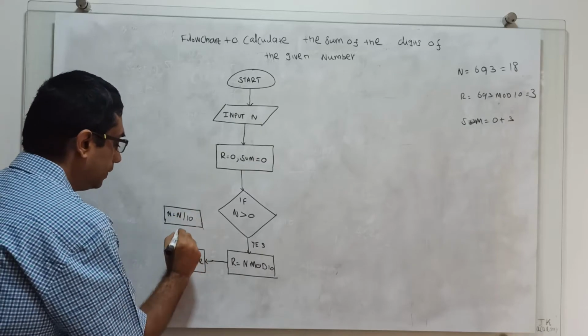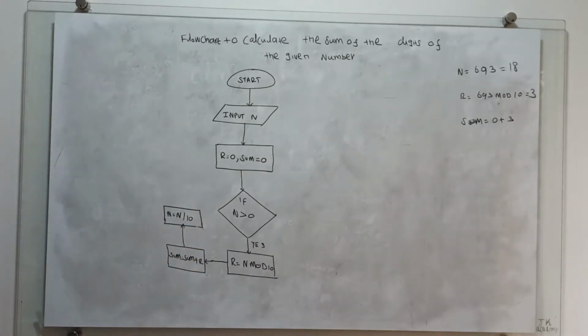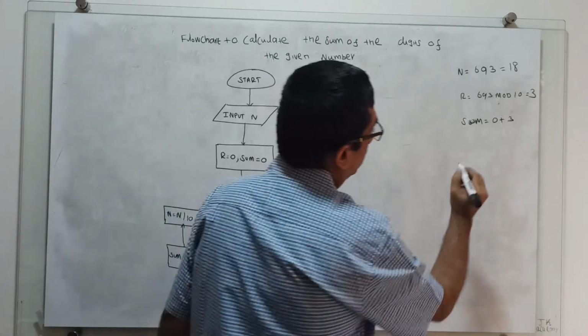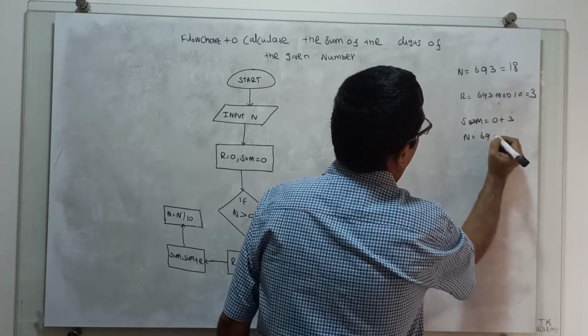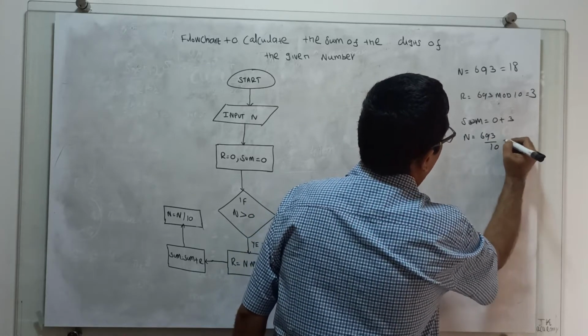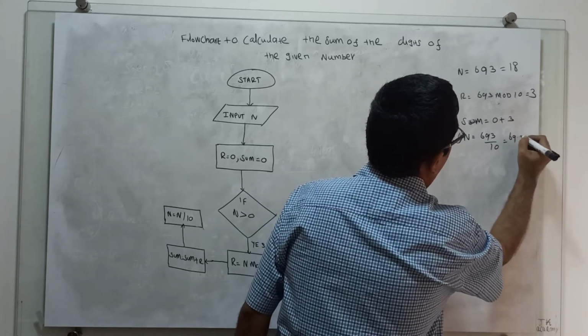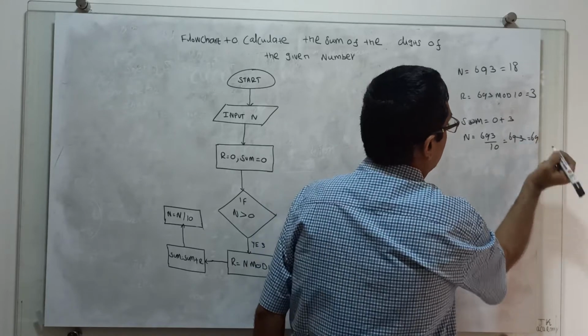So this is an integer division. Integer division means the fractional part will get omitted. So here sum equals 3, n equals 693 divided by 10, integer division. So 69.3, in integer division the fractional part will get omitted, so which is 69.